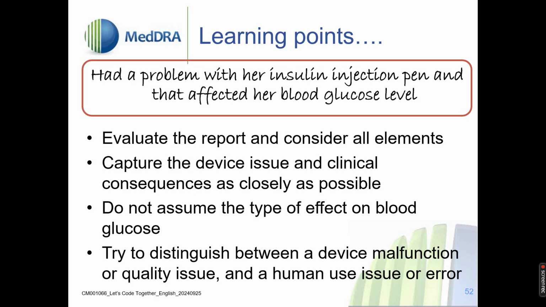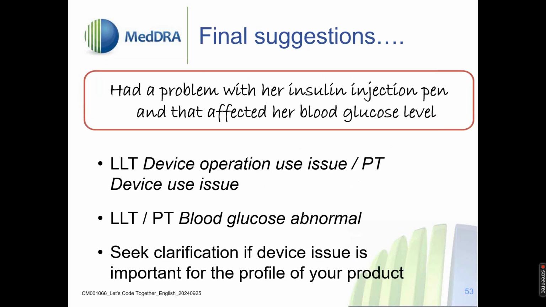But for me, the operational use issue captured the fact that there was a problem. And if the device is critical to your work, if it's the device you're working on, or if it's relevant to the profile of your product, then you may wish to seek clarification. We're not saying you shouldn't or couldn't.